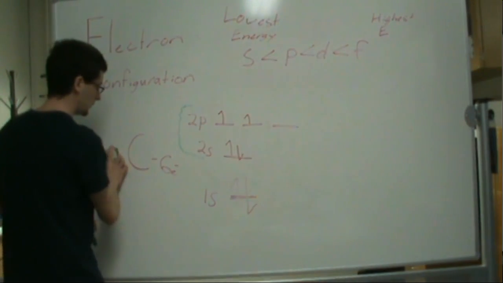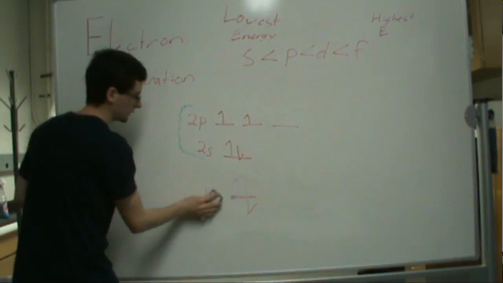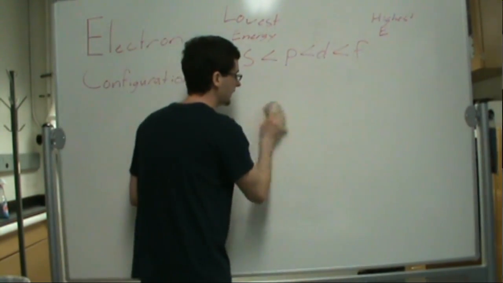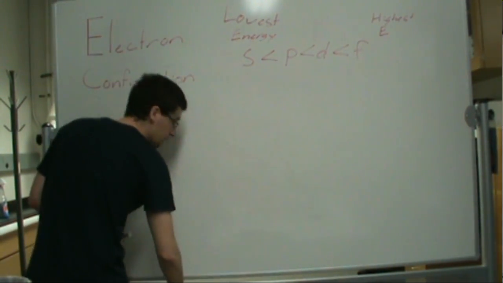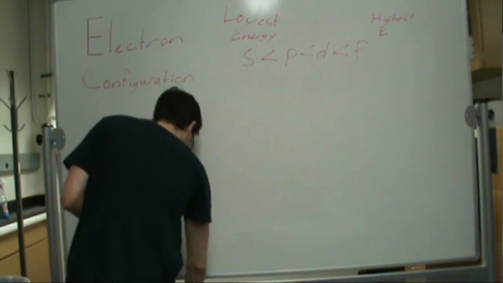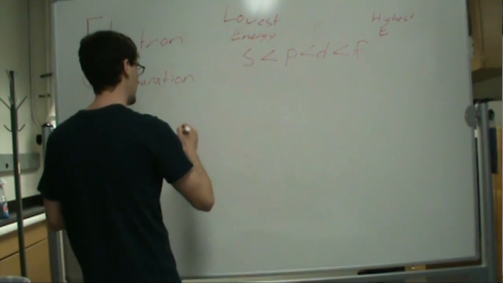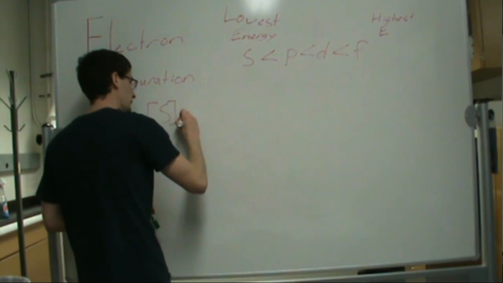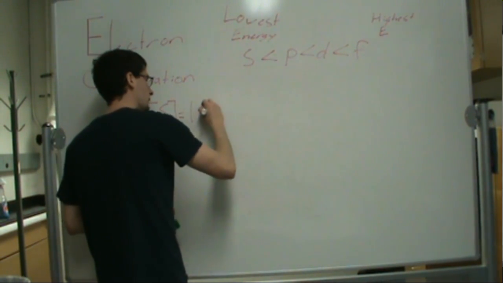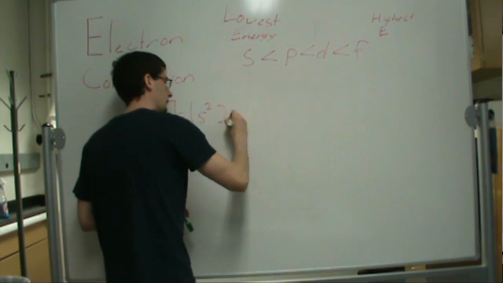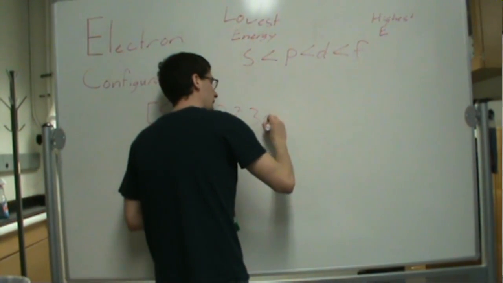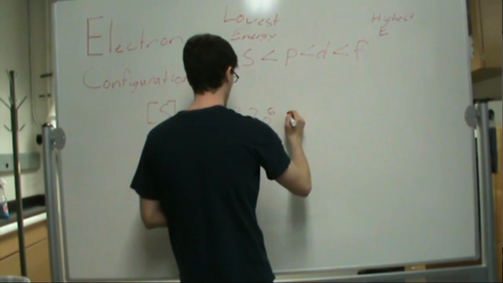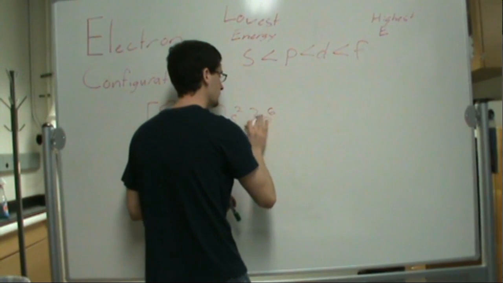Now, what about a condensed electron configuration? What about something like sulfur? Well, sulfur you could write in a few different ways. You could write the full electron configuration of sulfur in such a fashion: 1s2, 2s2, 2p6.